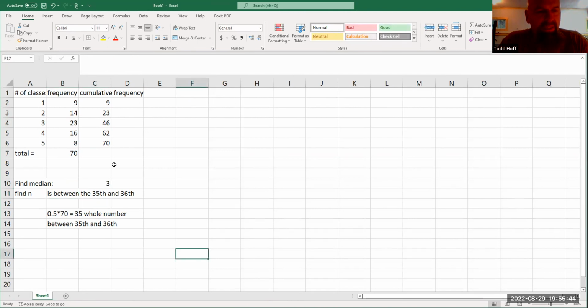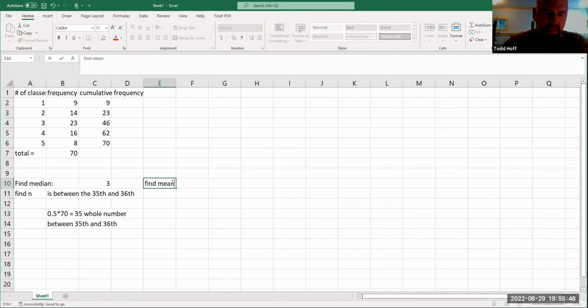The mean is a little bit tougher to find. To find the mean, I start out by doing the number times its frequency. So here, number times frequency. It's going to be this times its frequency, and I do that for each number.